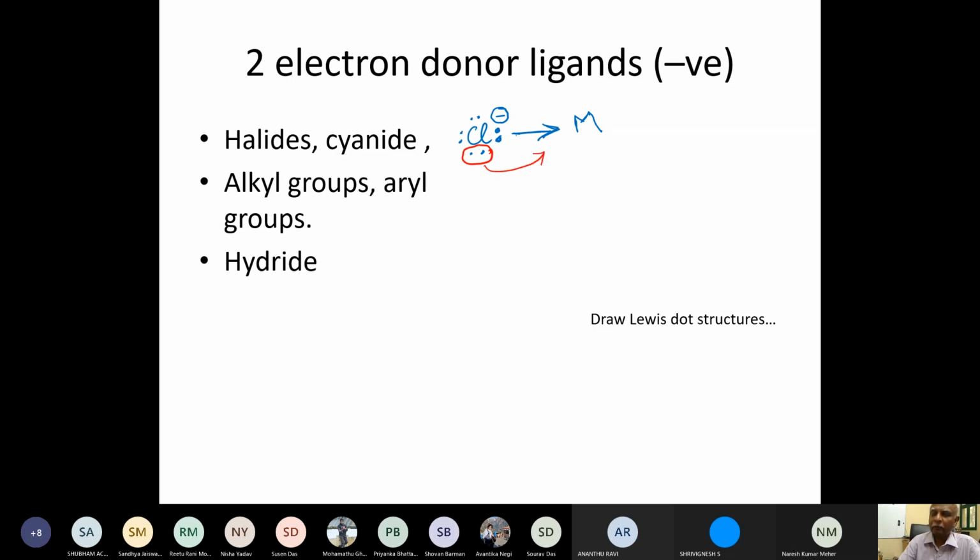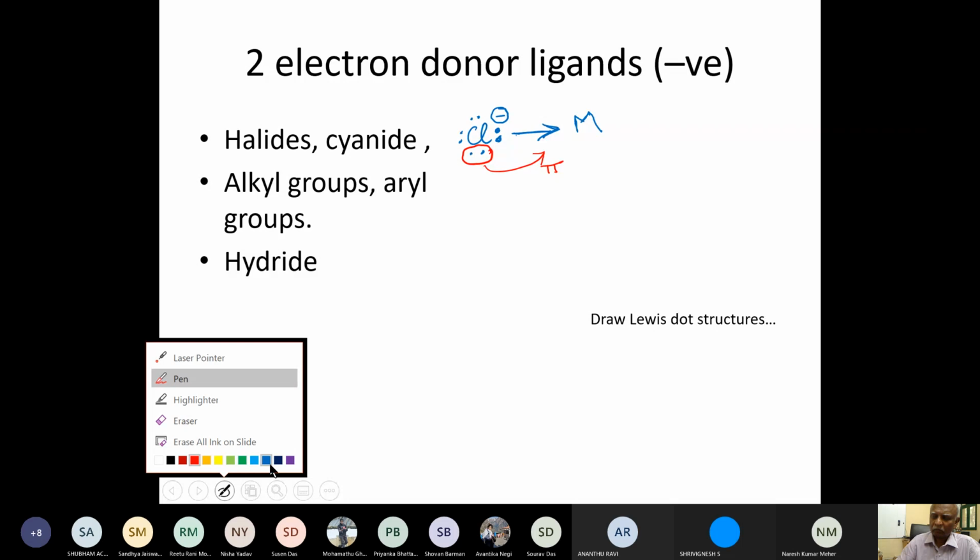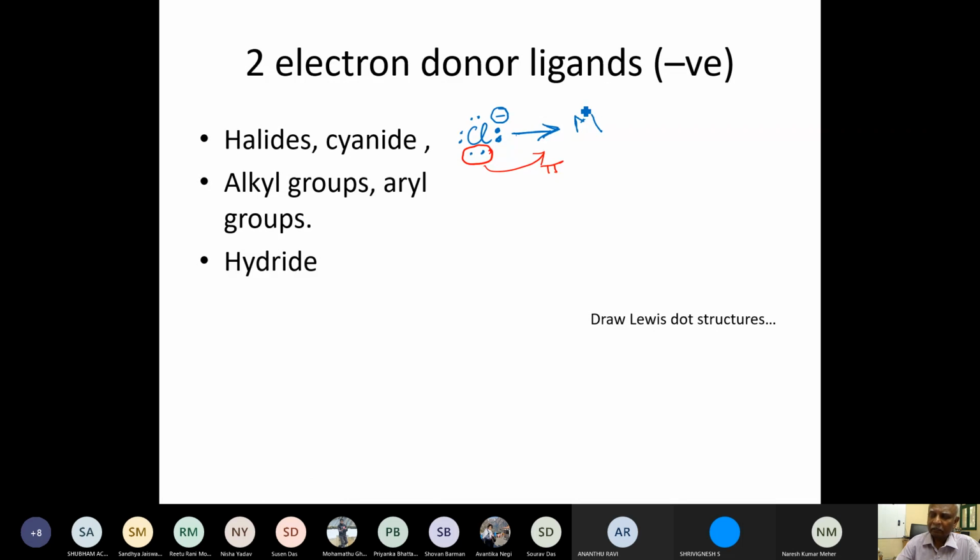It is true that this will be in a pi fashion, whereas this is a sigma donation, but nevertheless it can donate more than 2 electrons. But for electron counting purposes in organometallic compounds, the halides are considered as simple 2-electron donors.